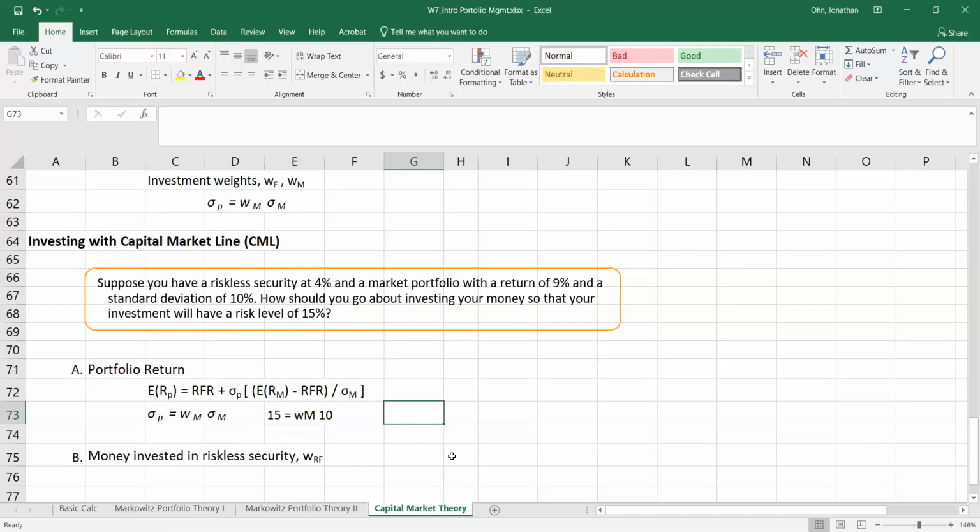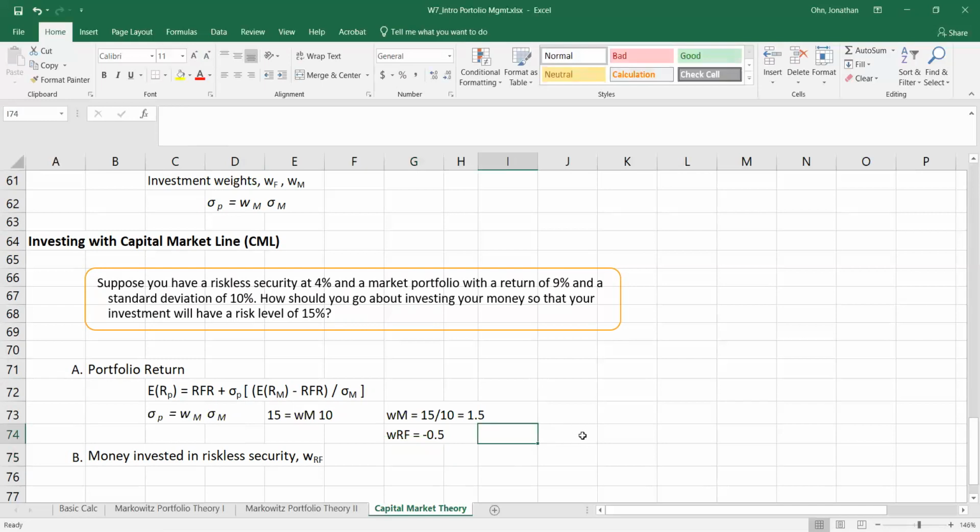So WM is equal to 15 divided by 10. What do you have? 1.5. You see that? Then WRF should be minus 0.5 because the sum of these two should be equal to 1. What does that mean?